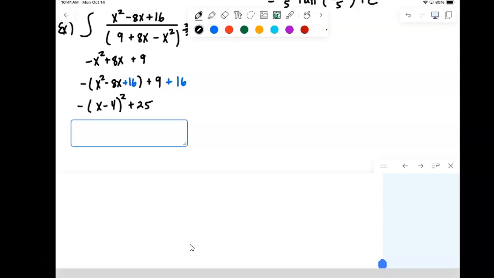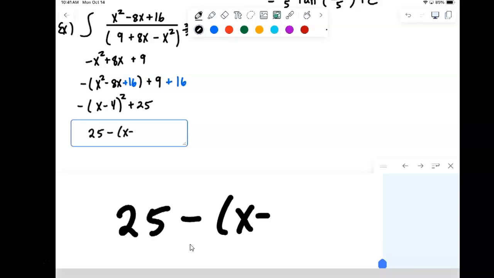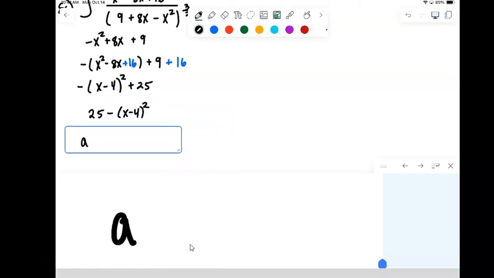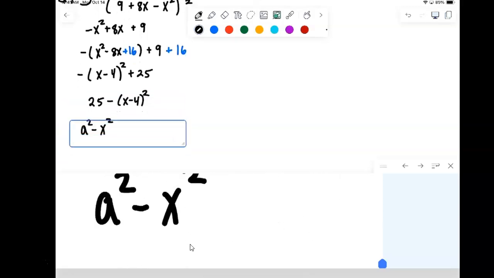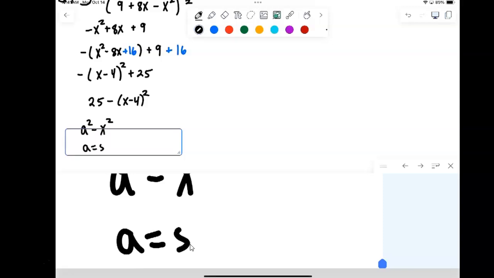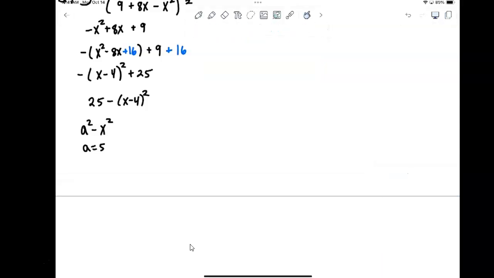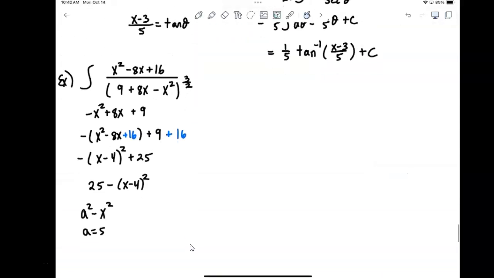Which I can write as 25 minus x minus 4 quantity squared. And so I see now that I am once again in the form a squared minus x squared. So I recognize a as being 5, and I'm ready to start to carry my trig substitution through. Now as I do that, I want you to notice one final thing here.